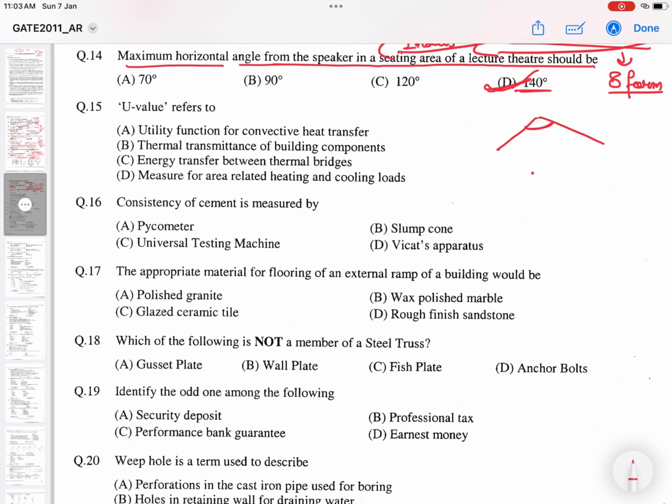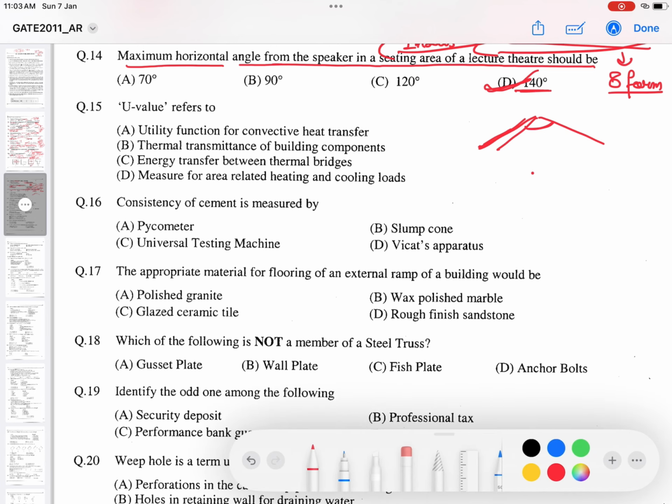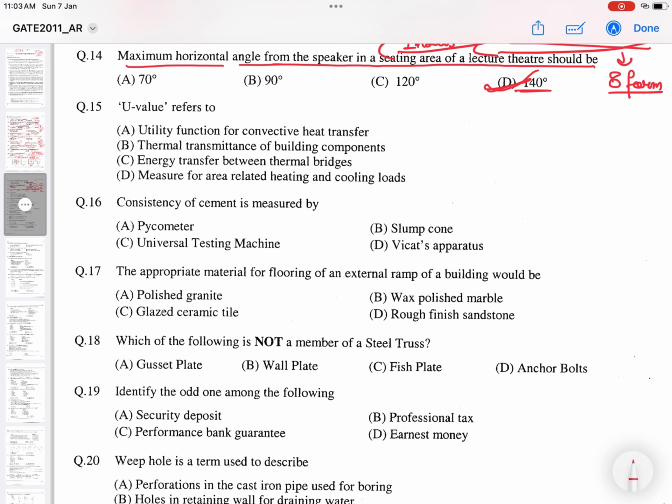Sorry, I'm not making the angle correctly. I hope you guys are doing. I'm still getting used to this pencil here. So it has to make an angle of about 140 degree. If my drawing is very bad in here, please excuse me for this one.